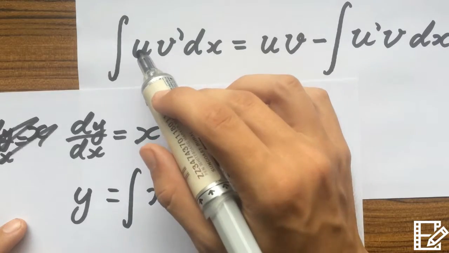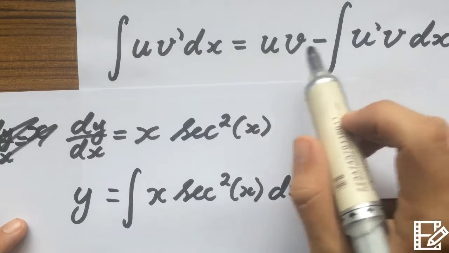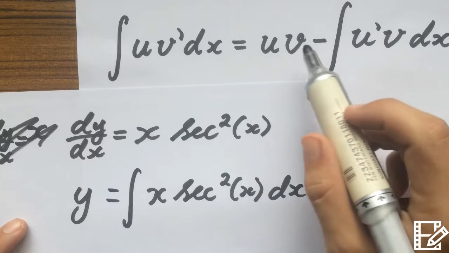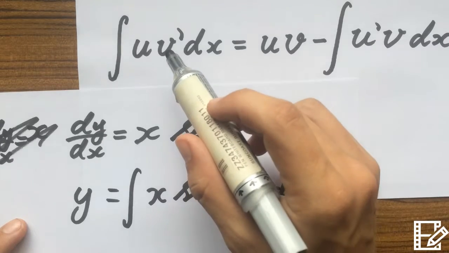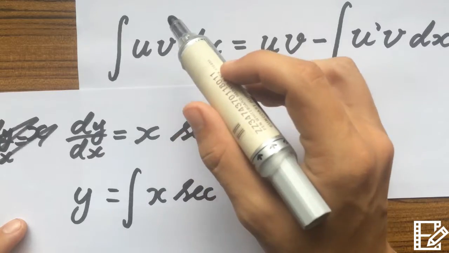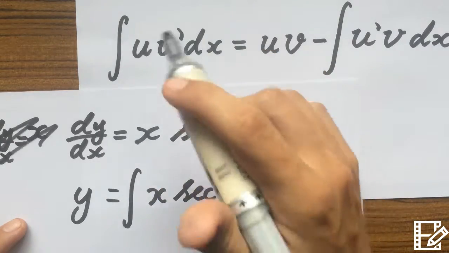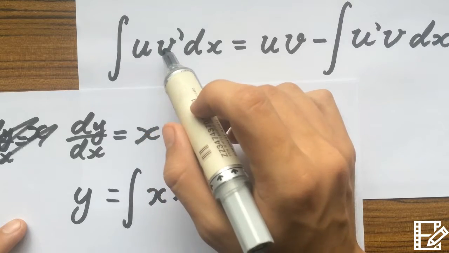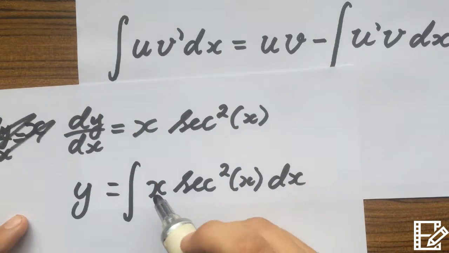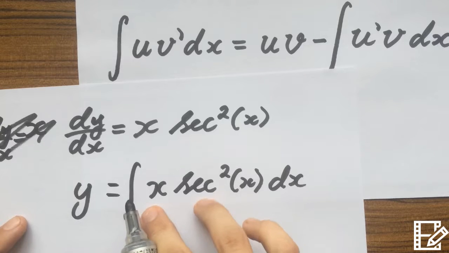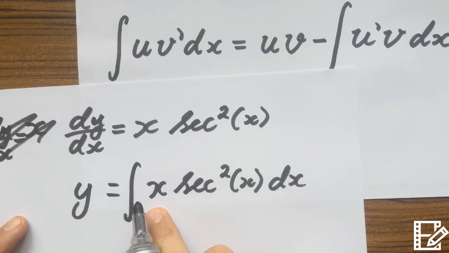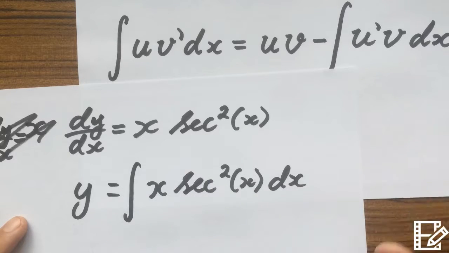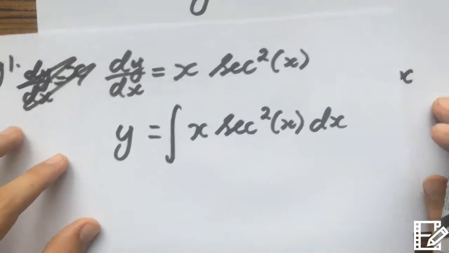Just like here, we need to derive u to get u dash, because we need to find u dash in order to complete this, and we need to find v, so we need to be able to find the integral of this. So don't get too confused, but think of it like this: we need to find the derivative of one, and we need to find the integral of another. The question is, how do you choose?